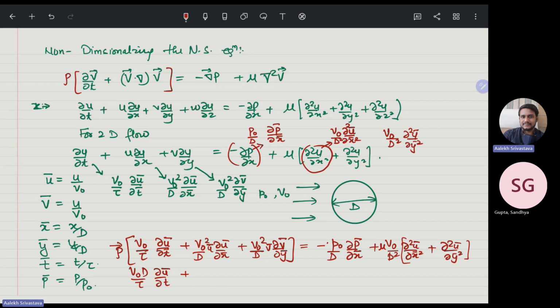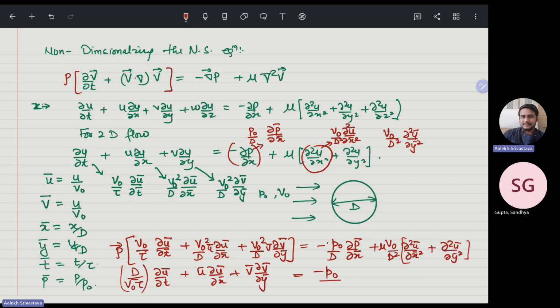Now here we should divide it also with v0. So it is v0 here, and thus the convective term will have no other parameters. So it is v0 by d divided. So it is u bar del u bar by del x bar plus v bar del v bar by del y bar. This term is the extra term.